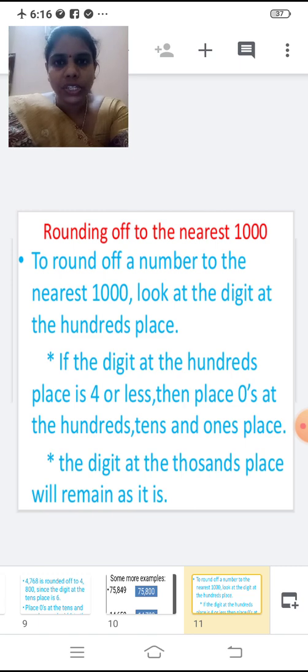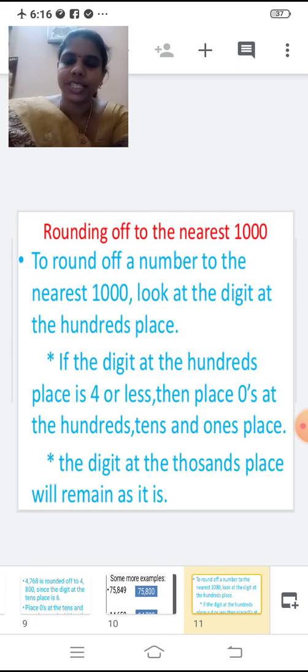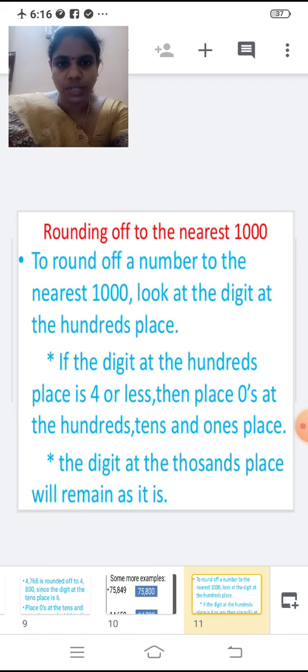If the digit at the hundreds place is 4 or less than 4, then place zeros at the hundreds, tens and ones place. The digit at the thousands place will remain as it is.